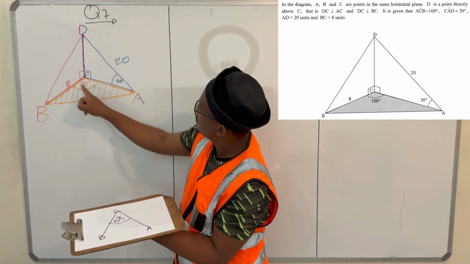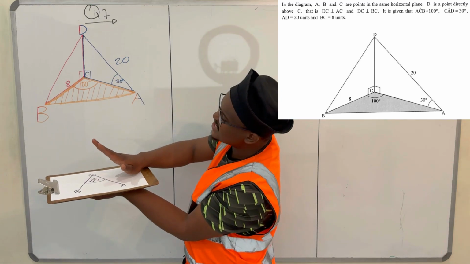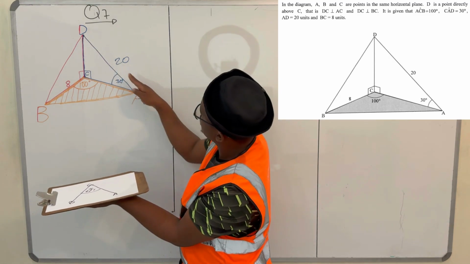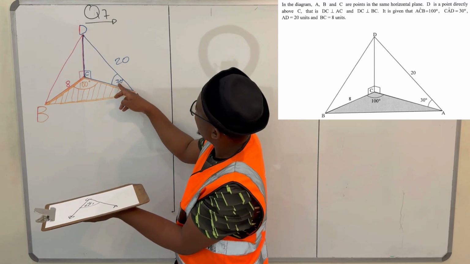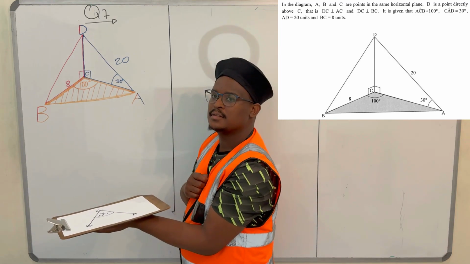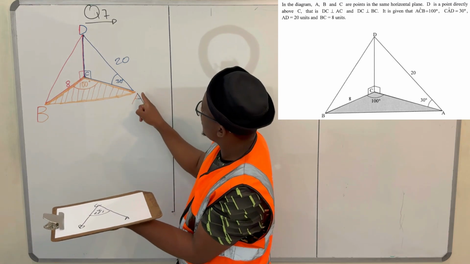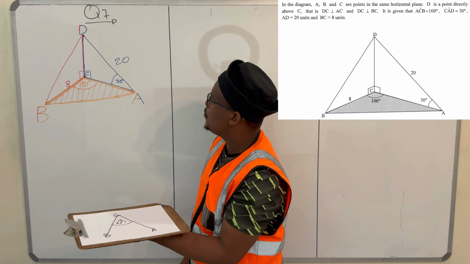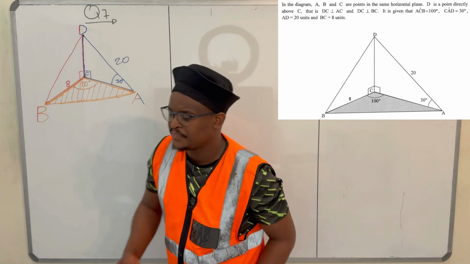Then they want them to say the line segment that is elevated, this segment here, is 20 units, and the angle of elevation of that line segment is 30 degrees. That's what they're saying. And then they want them to say that DC is perpendicular to AC, and DC is perpendicular to BC. I think I've explained this.